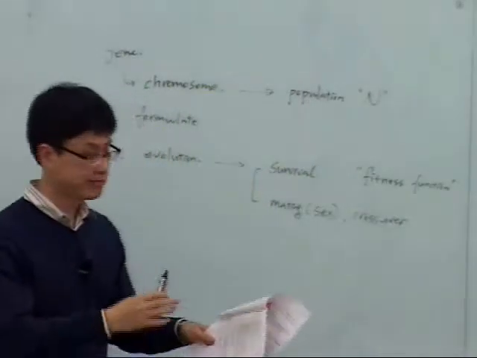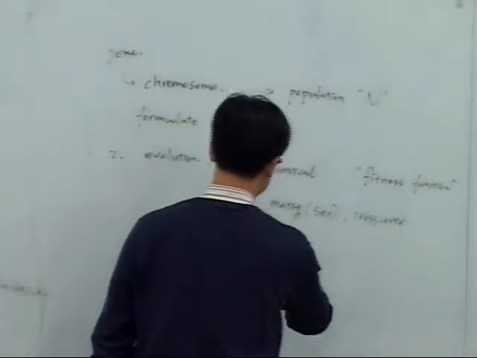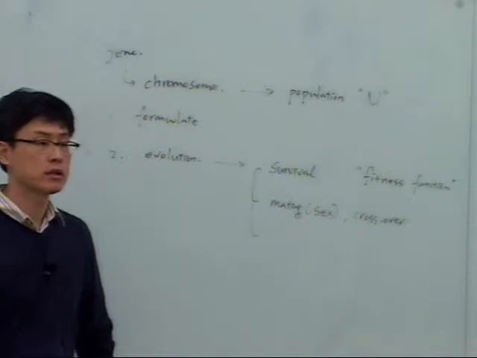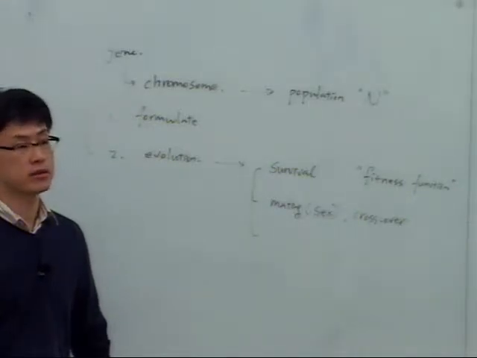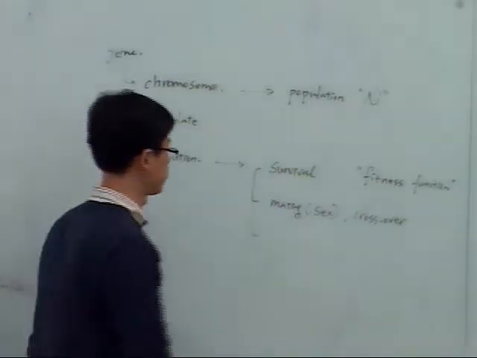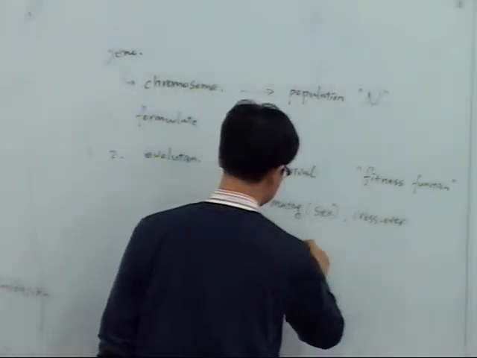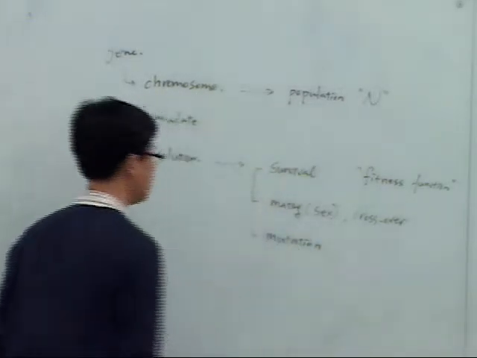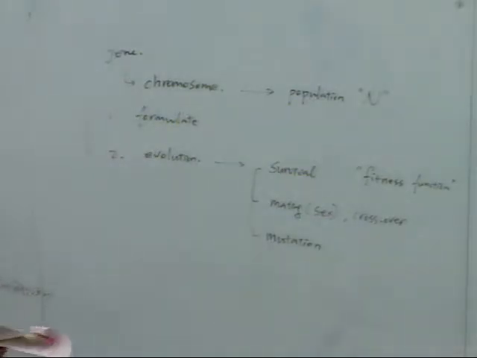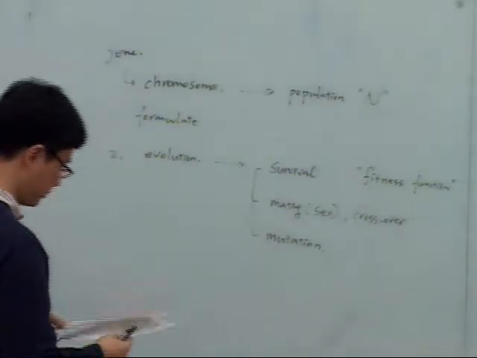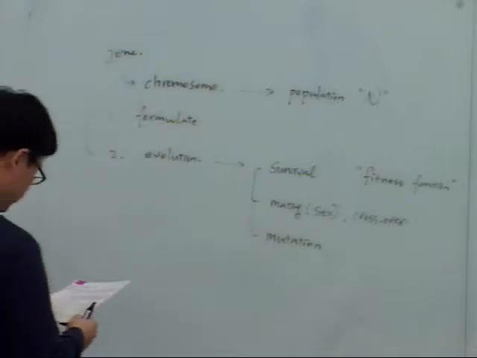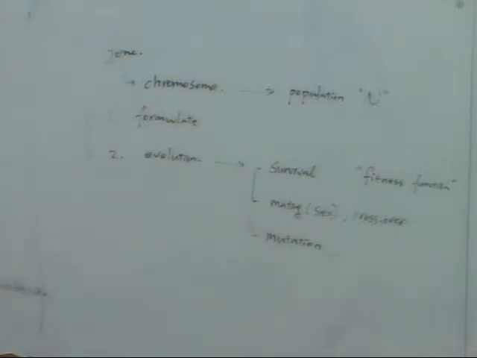And a very important thing to consider in this evolution process is the mutation. If we can do these things, then we can make things be optimized.